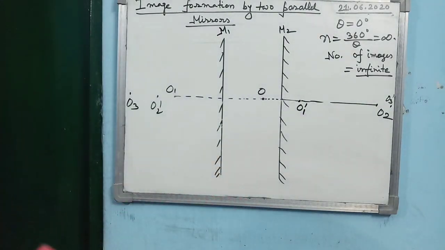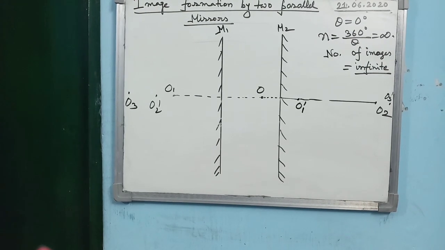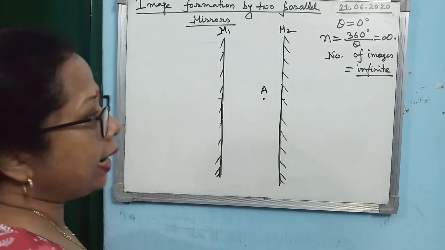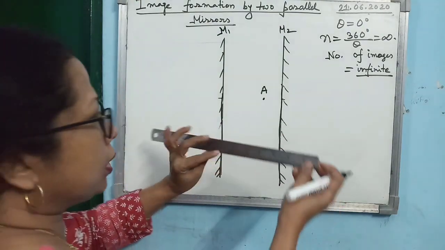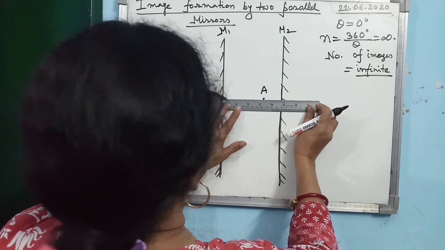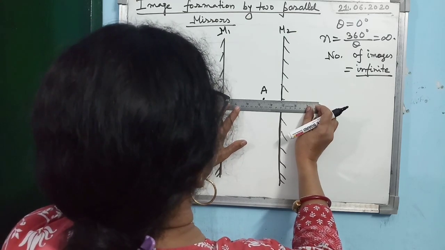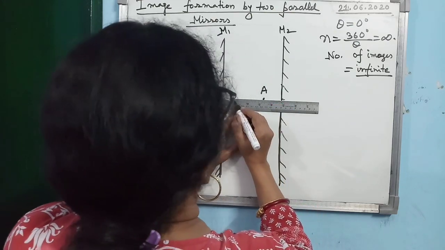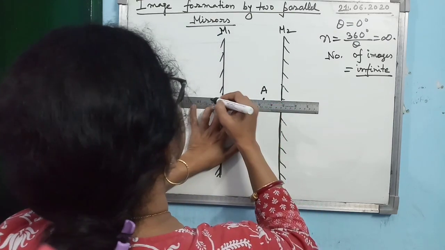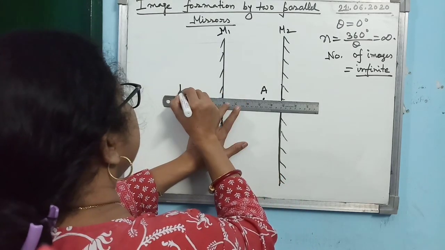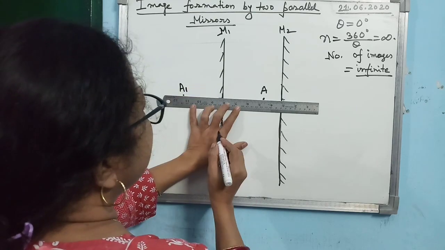Now I will show you how to draw the ray diagram for two parallel mirrors. Take the object, name it A, and draw it along one ruled line, then all the images will come on the same ruled line. Now measure the distance between mirror M1 and the point A, and mark on the other side a point A1.